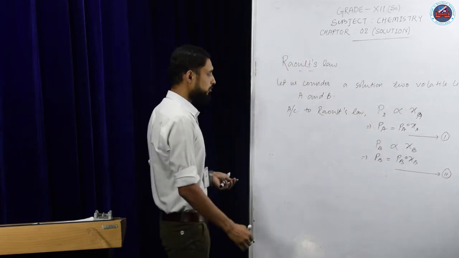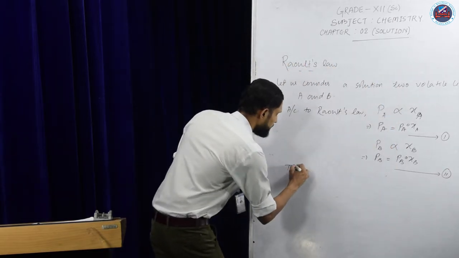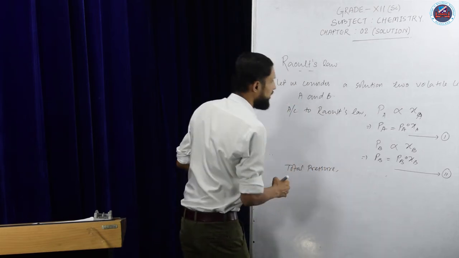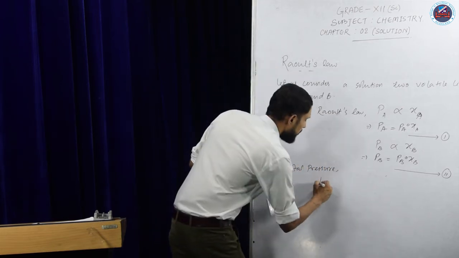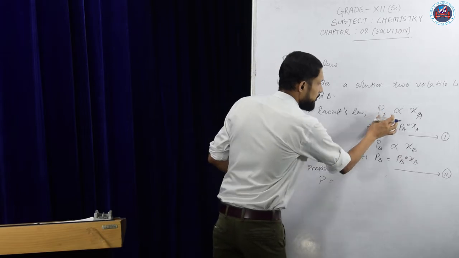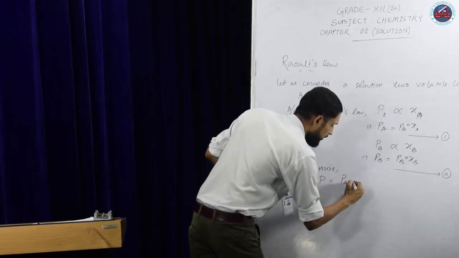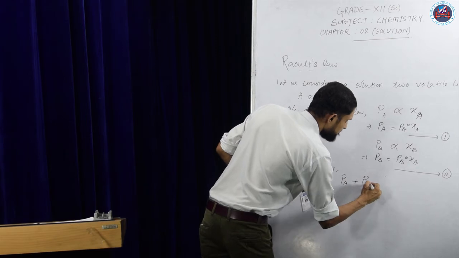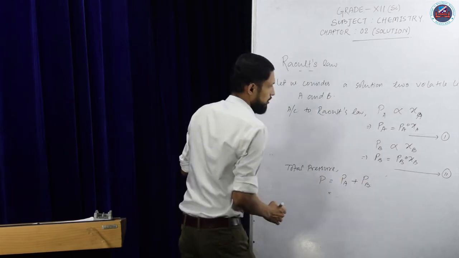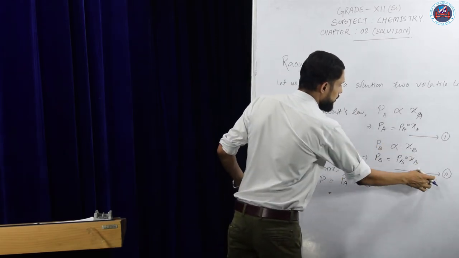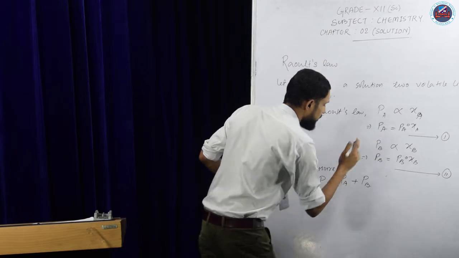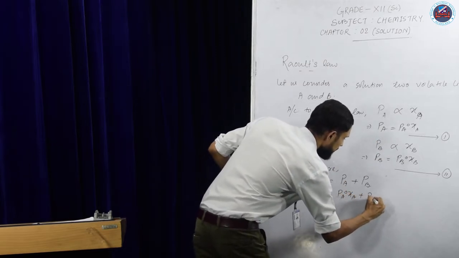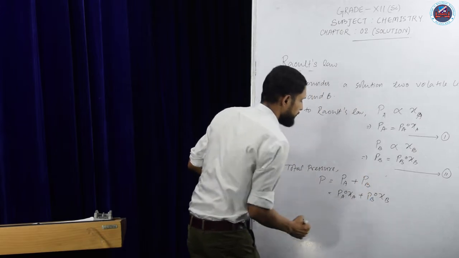According to Dalton's law, total pressure on the surface of the liquid P is equal to pressure due to A, that is PA, plus pressure due to B, that is PB. So from equation 1 and 2, if you substitute PA and PB, you'll get PA naught XA plus PB naught XB.